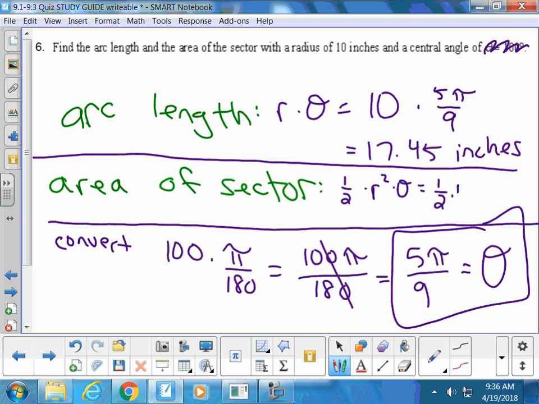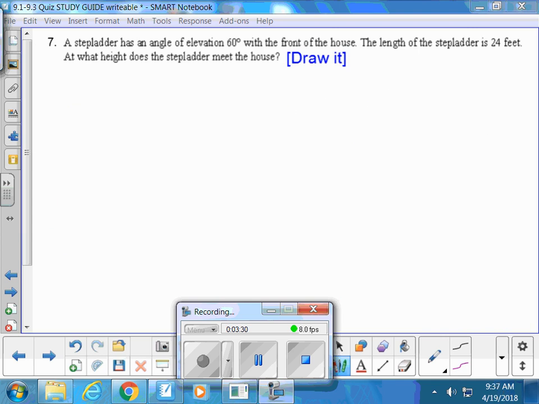So 1/2 times 10 squared times 5 pi over 9. I got 87.27. That would be inches squared, because that is an area. They're going to type it in and try it to verify I did that one okay. Pause the video while they try it.